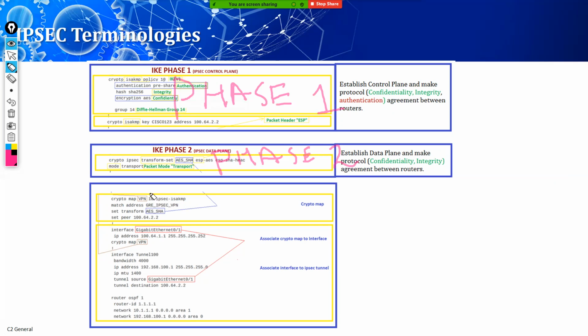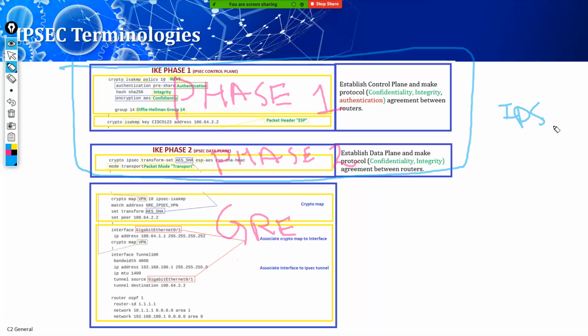And in this portion, we are basically creating the GRE tunnel. The upper portion is IPsec, the lower portion is GRE, and here we map the IPsec security to the GRE. So overall, this is what we're doing.